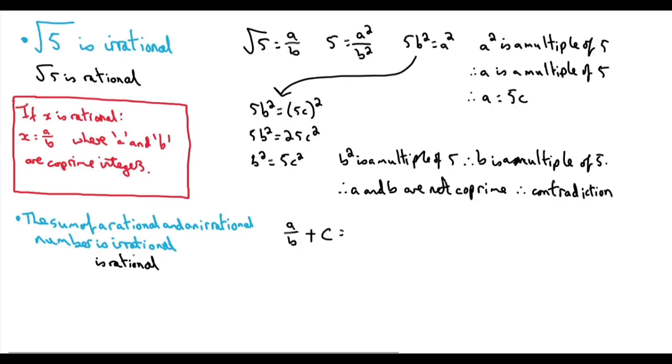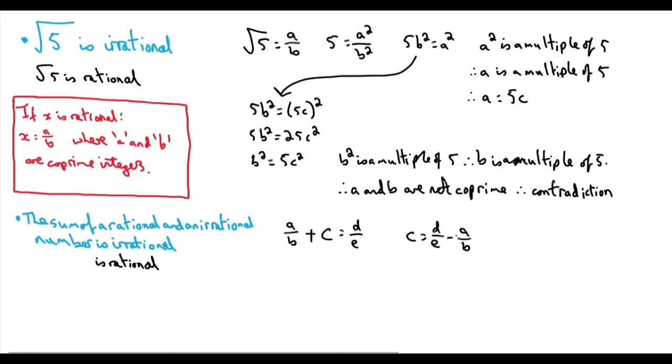If the sum of this was then rational itself, we could say that that is in turn some other fraction of coprime integers. So both a and b are coprime integers with each other, and d and e are coprime integers with each other. Trying to rearrange for c, you'd get c equals d over e minus a over b.